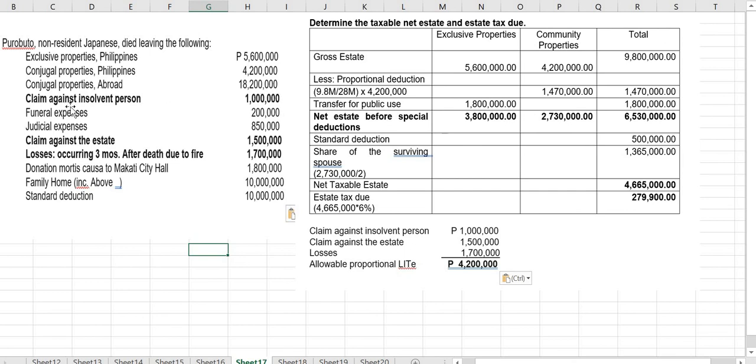We have claim against insolvent person 1 million, funeral expenses 200, judicial 850, claim against the state 1.5 million, and losses occurring 3 months after the death due to fire, assuming the properties are included in the Philippines, 1.7 million. Donation mortis causa to Makati City Hall 1.8 million, and family home 10 million, and the deduction is 10 million. Funeral and judicial expenses are not claimed. Okay?